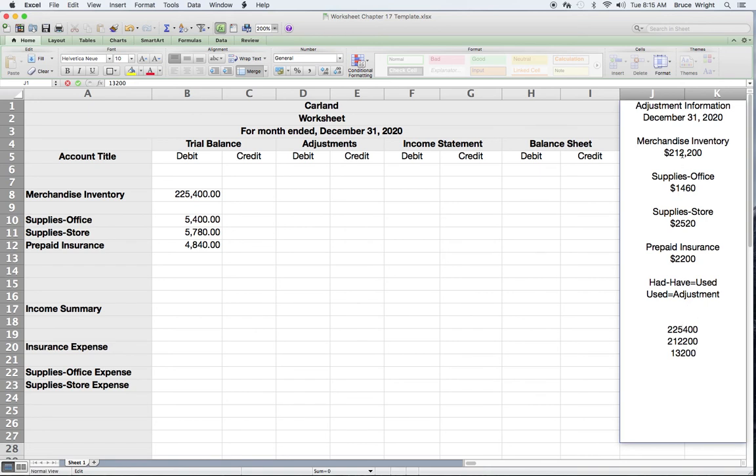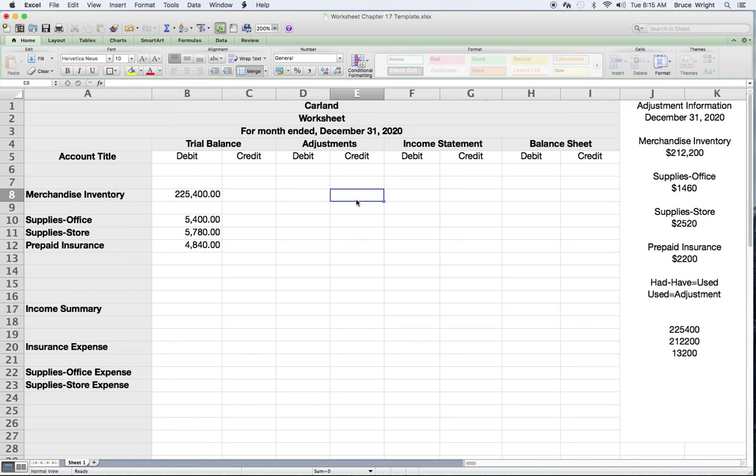Since merchandise inventory is less, we have to credit the account. To subtract it, we put our little a in, and this is where we're going to put the 13,200. Now the account that goes with this, which we've never used before, is income summary.